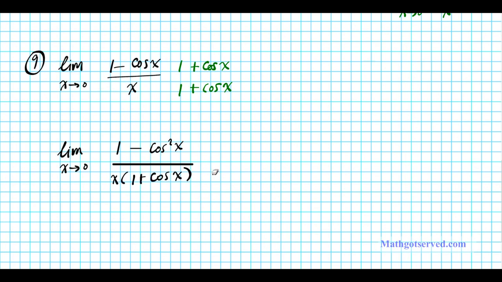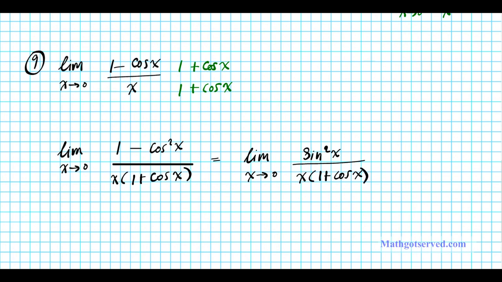Now let's go ahead and simplify that further. We're going to have the limit as x approaches 0. Now this identity, 1 minus cosine squared x, if you look at your trig identities, is the same thing as sine squared x, divided by x times 1 plus cosine x.